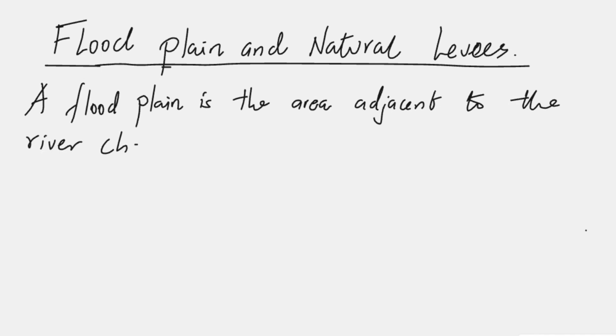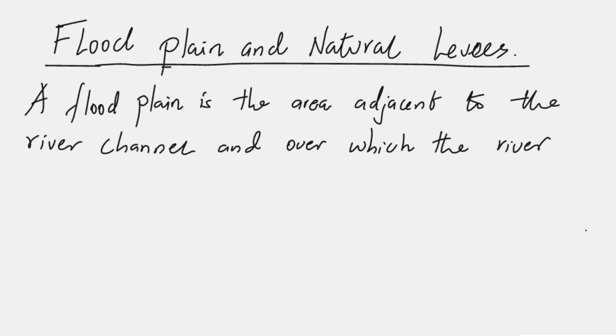It is just next to the river's channel, and it is on this plain where the flood water flows when the river floods. So we are saying that the plain which is adjacent to the river's channel is the plain over which the river will flow when it floods.